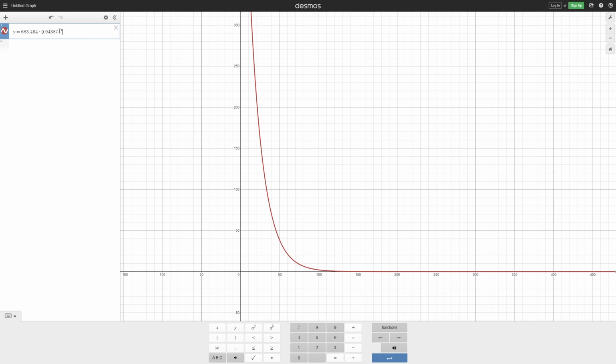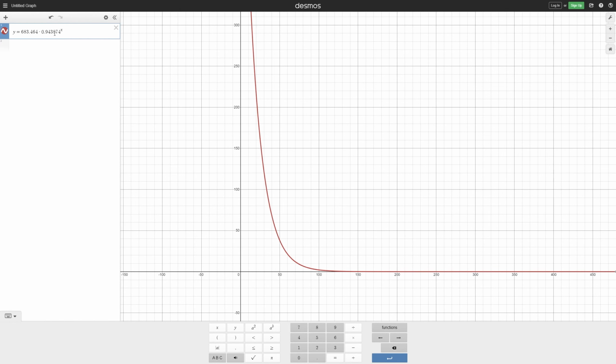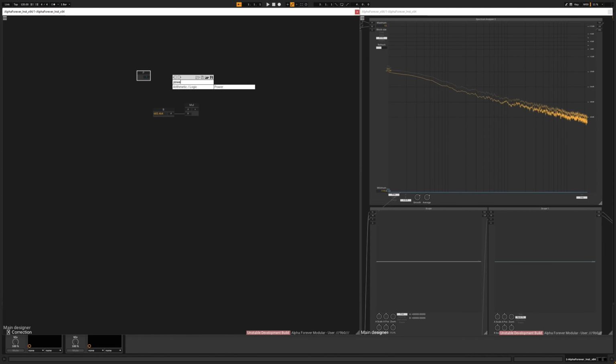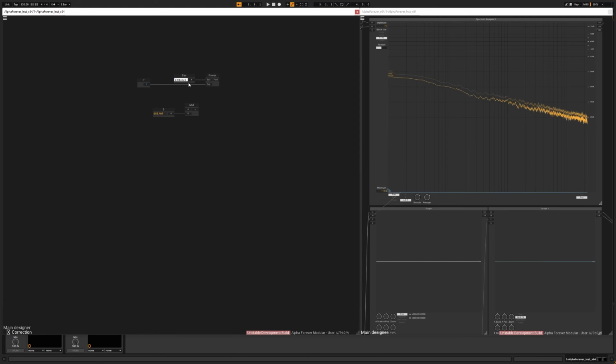So use the power function, and this is the exponent. And the base is this value. And this is multiplied by this value. As far as I guess, so this should be y.